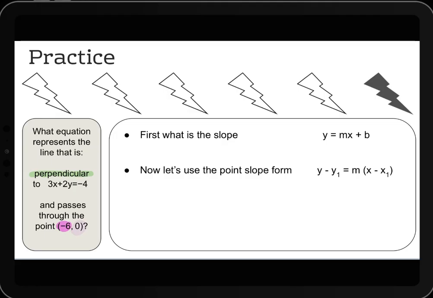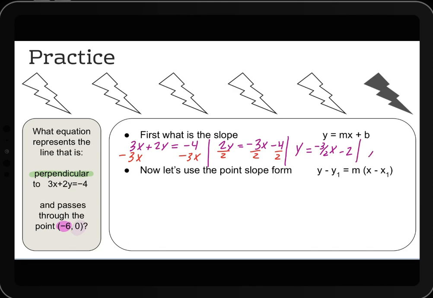So we need to take the equation, which is 3x plus 2y equal to -4, and we need to first go ahead and subtract 3x on both sides. Then we end up with 2y equal to -3x minus 4, where then we can go ahead and divide by 2. So after dividing by 2, I get y is equal to -3 over 2 x minus 2.